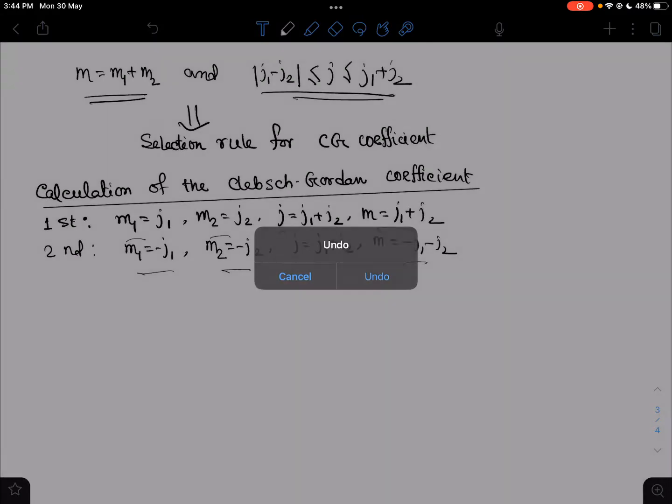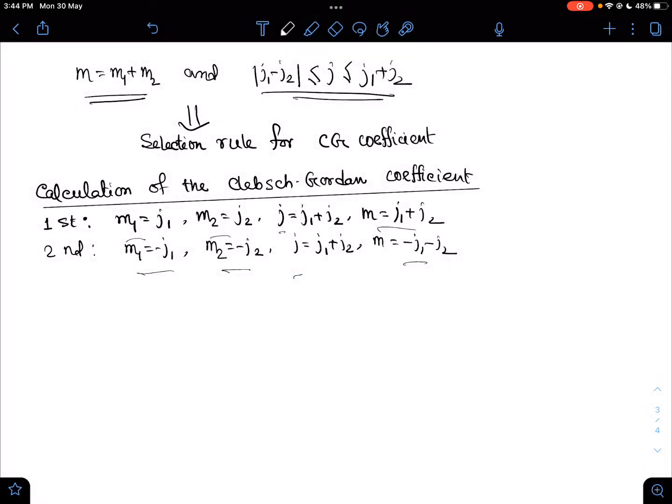You can see that the Clebsch-Gordon coefficient for these two limiting cases should be equal to 1.